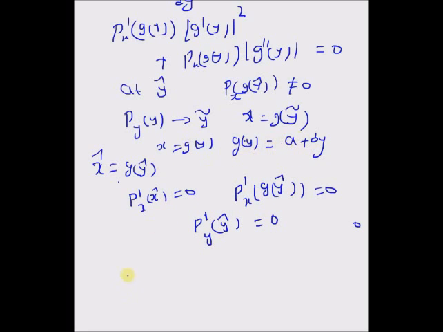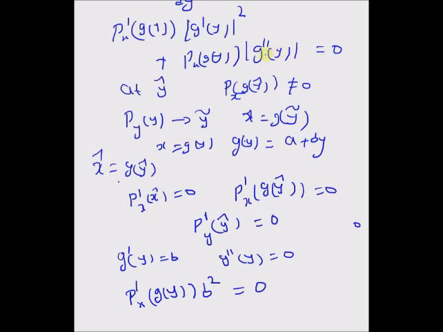This is because the derivative g dash of y equals b and g double dash of y equals 0. And if you insert these values in this equation, you get px dash of g of y into b squared equal to 0, because the other term is already 0.